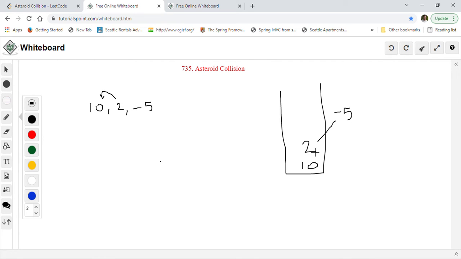In that case, 2 is smaller than 5, so we have to pop out the 2, right? So 2 will be out of the stack.